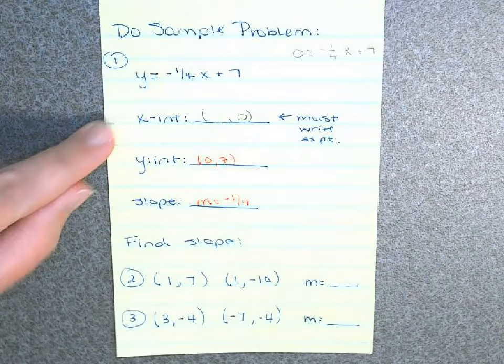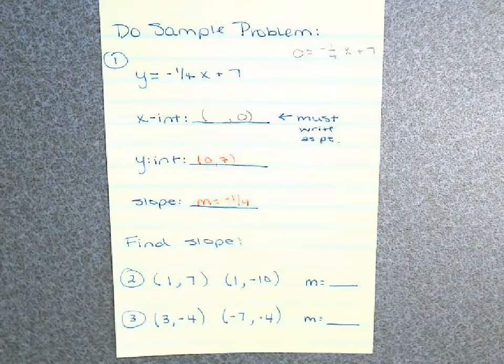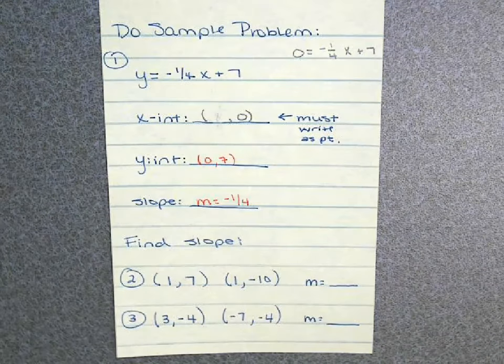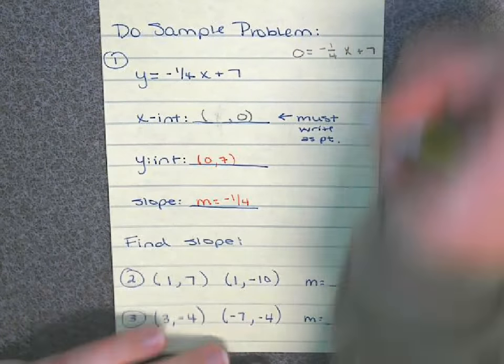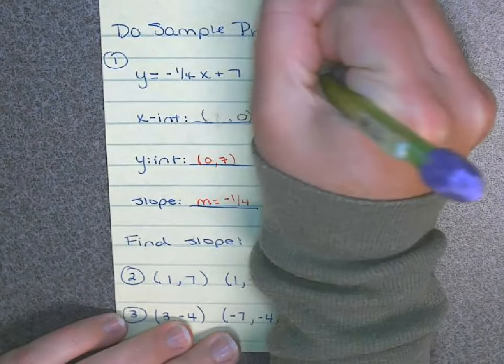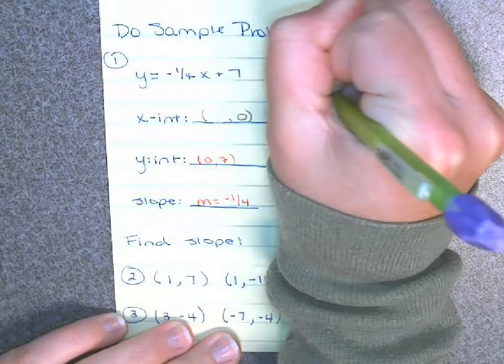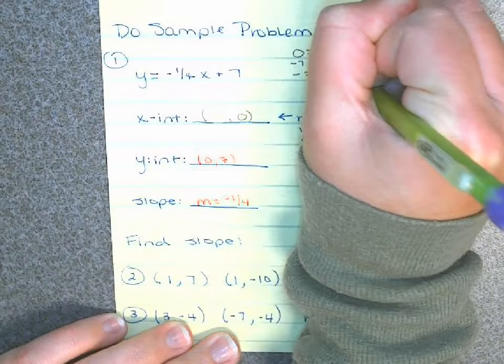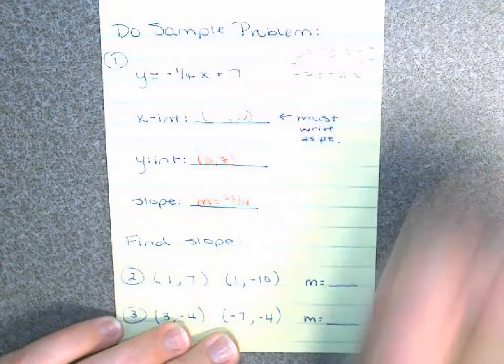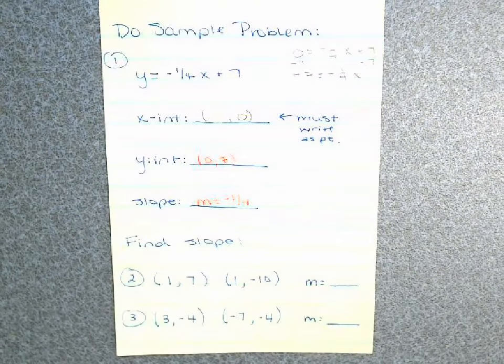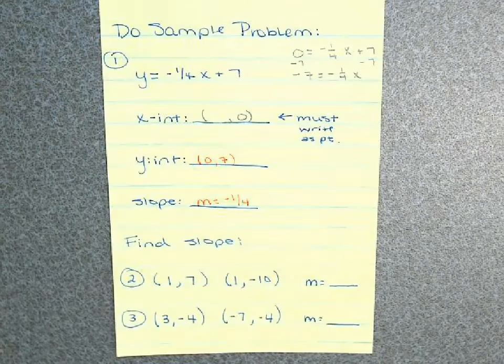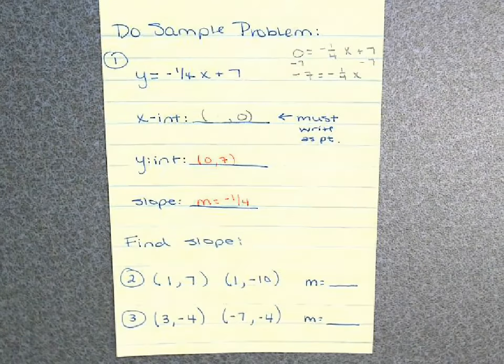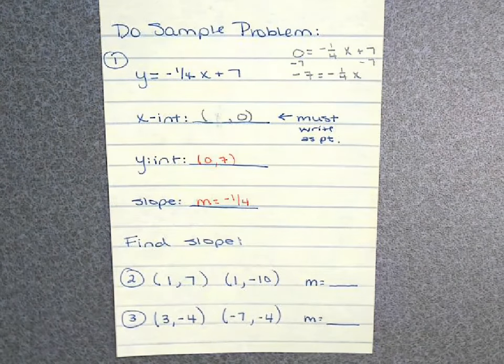I know, because I've practiced solving equations, how to solve that equation and get x alone. How am I going to solve that equation? Subtract the 7. 0 minus 7 is -7 equals -1/4 x. Now how do I get x alone?